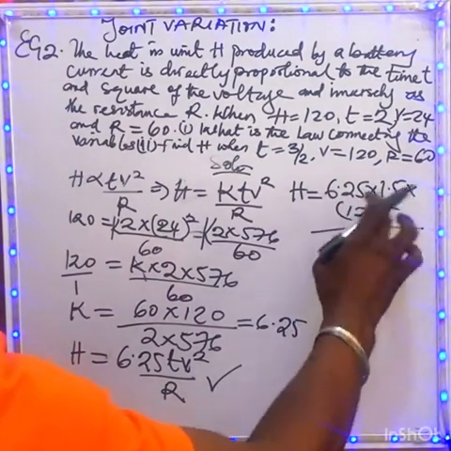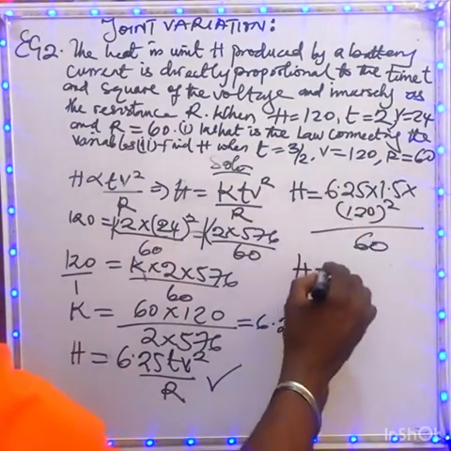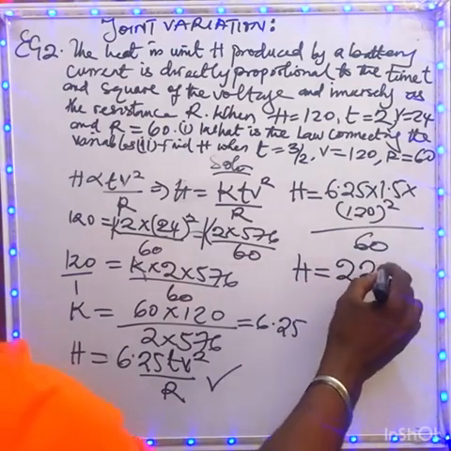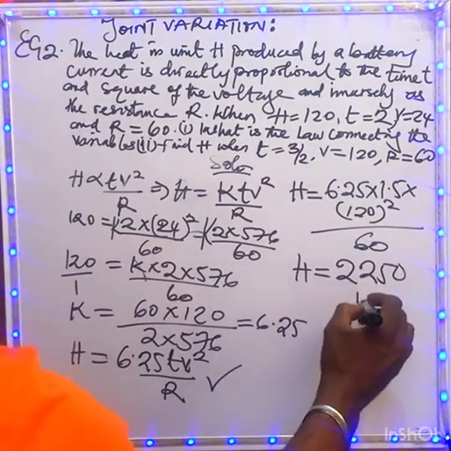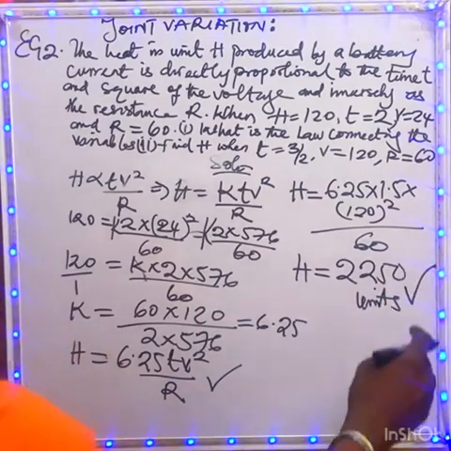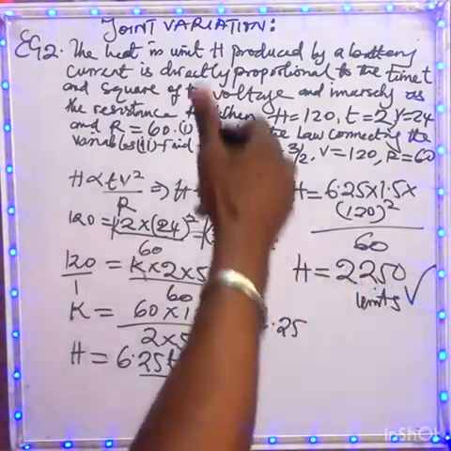When you multiply this all and divide by 60, H will boil down to 2,250 units. Solution: 2,250 units. Good.